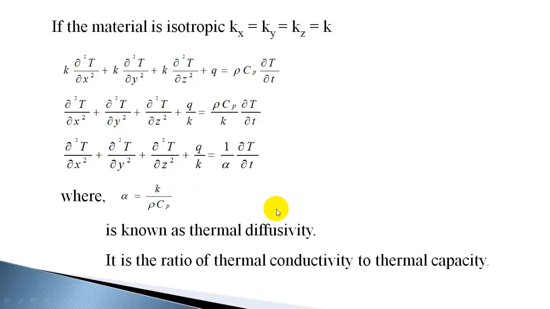So a high value of thermal conductivity and a low value of rho Cp will give a high value of alpha, and a high value of thermal diffusivity always indicates the easiness with which heat diffuses through a material. The heat will be transmitted through the material. Both thermal conductivity and rho Cp are important. Good thermal conductivity and low thermal capacity will give a high value of thermal diffusivity.